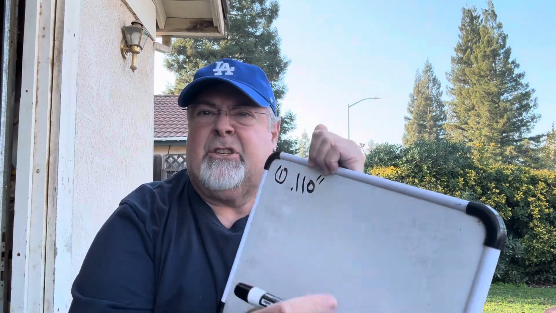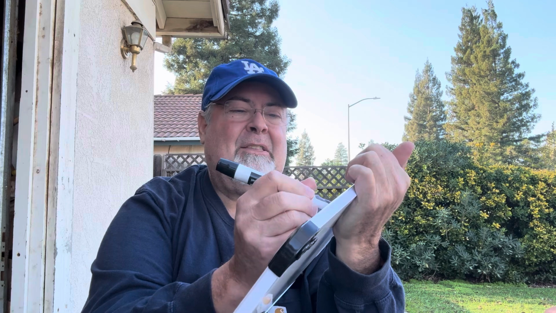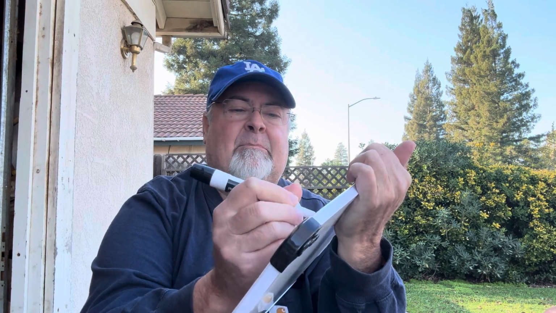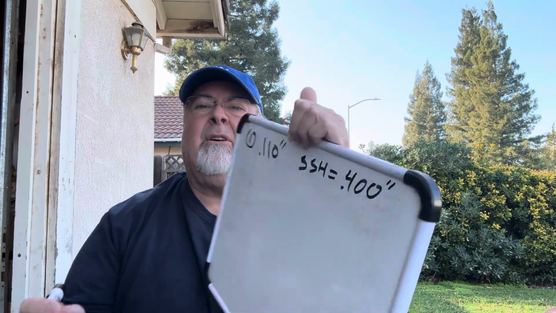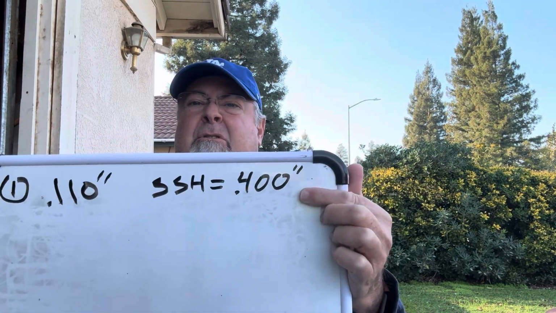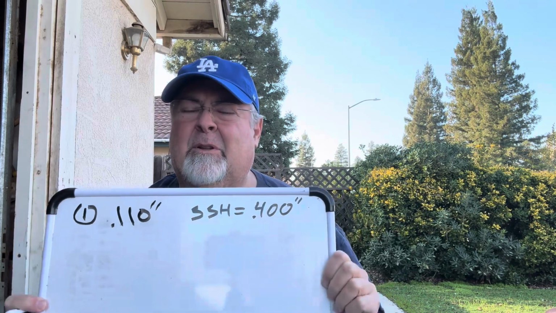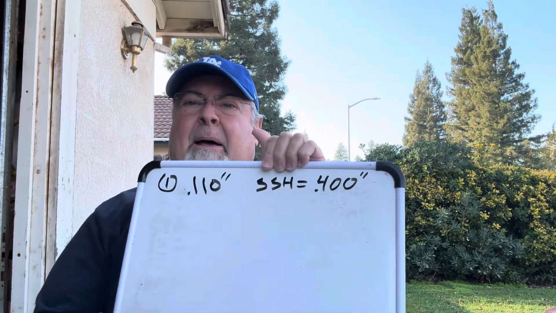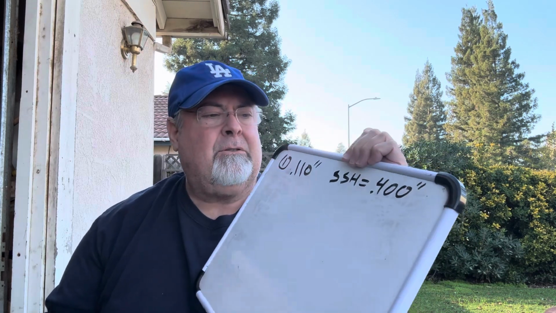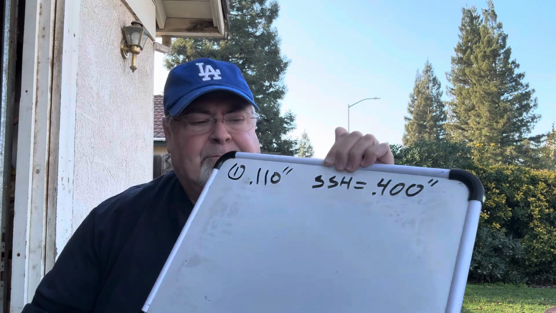And then the saddle string height, we'll call that SSH, I like to be at 400 thousandths of an inch. That's probably between 10 and 12 millimeters. I'm not sure exactly what it is in millimeters, but it's around that; you can figure it out. So this is what I'm shooting for when I'm calculating everything.